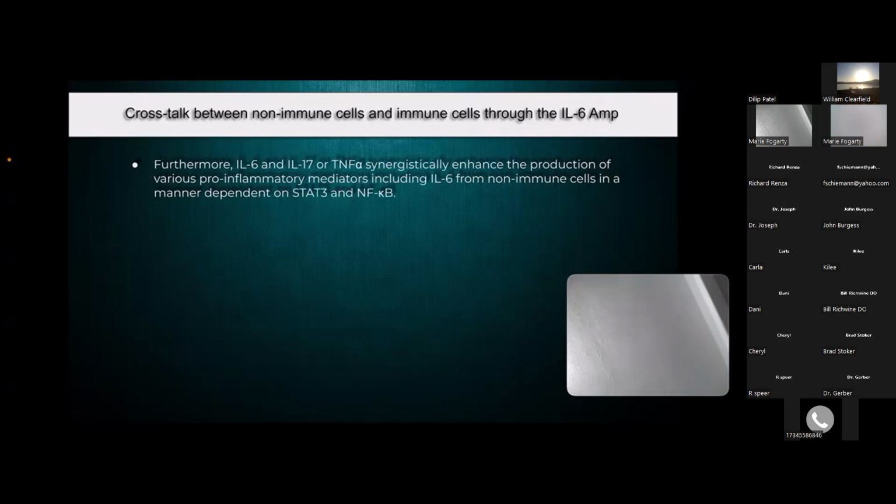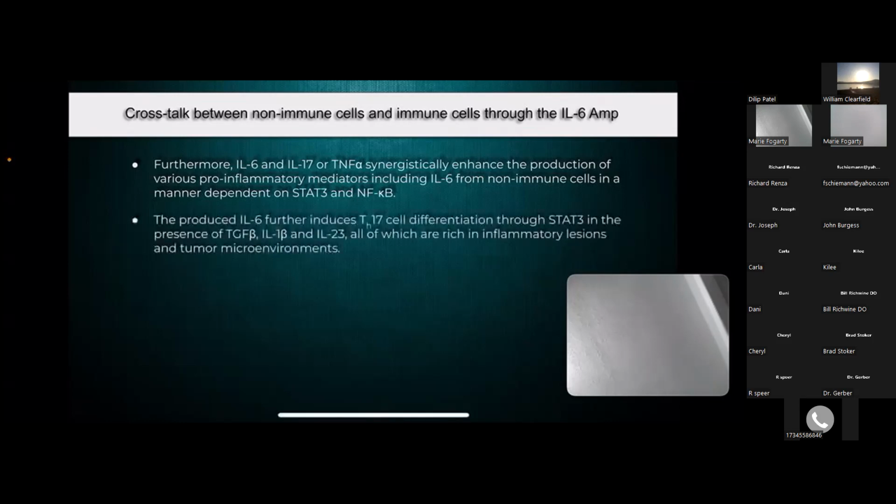STAT3 enhances NF-kappa beta, which causes more of the immune cells to come around. The produced interleukin 6 further induces Th17 differentiation through STAT3 in the presence of TGF beta, interleukin 1, interleukin 23, all of which are rich in inflammatory lesions and tumor microenvironments.